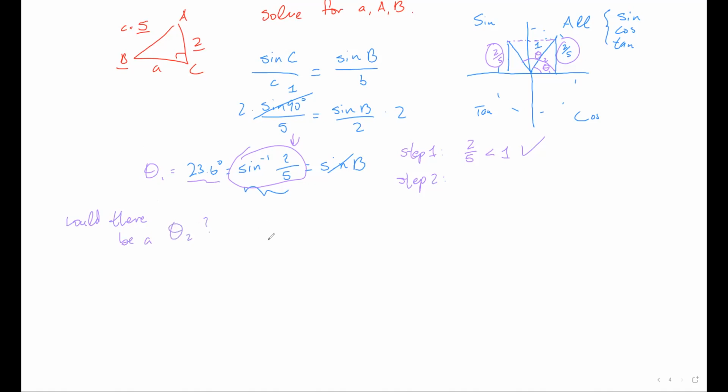The way you would compute theta 2 is it's always going to be 180 minus the previous one you just found. So this is 23.6, whoops, the tablet's freaking out again. So that is how you compute the other angle. We have not yet verified if this angle exists, but this is what it would be if it were to exist.